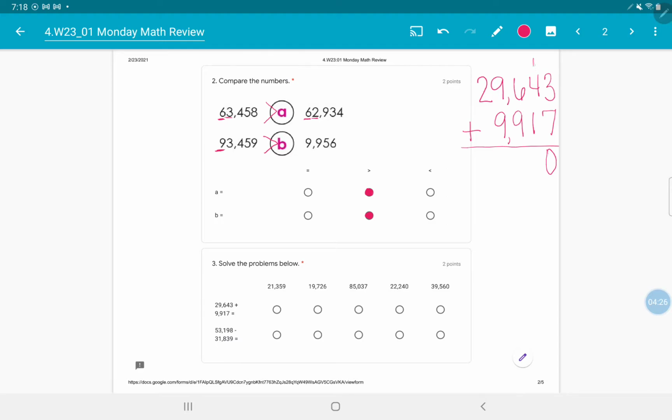Regroup the 1 to the tens place. 1 plus 4 plus 1 is 6. Go to the hundreds. 6 plus 9 is 15. I regroup the 1. 1 plus 9 is 19. Regroup the 1. And 1 plus 2 is 3. So 39,560.